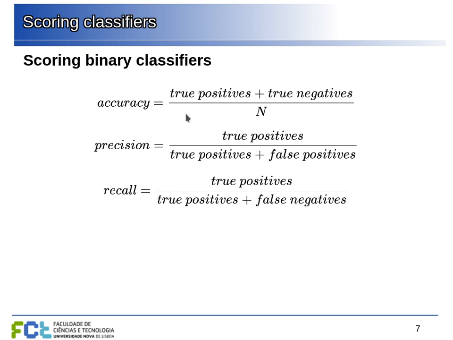So if, for example, we have a precision of 90%, it means that if our hypothesis is telling us this example is positive, then there is a 90% chance it's telling us the truth, because there are only 10% false positives. However, it does not tell us how good our hypothesis is at finding the positive examples, because it may happen that our hypothesis almost never tells us an example is positive. So that's why it makes few mistakes, because it's very conservative.